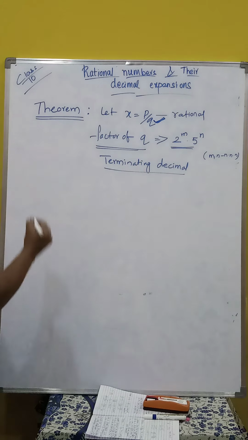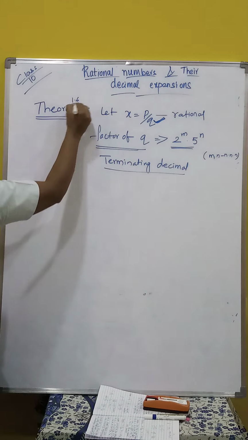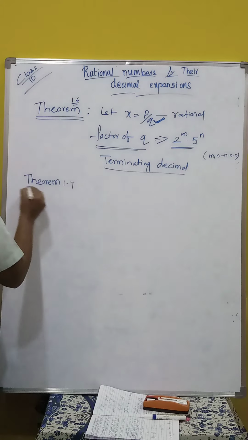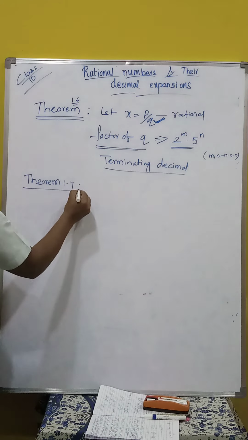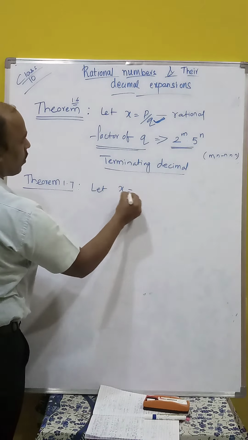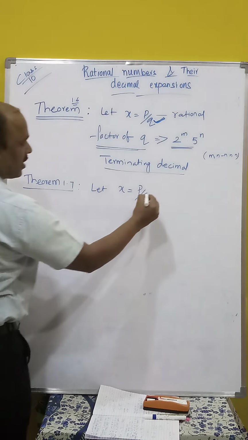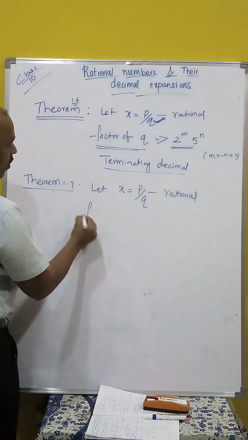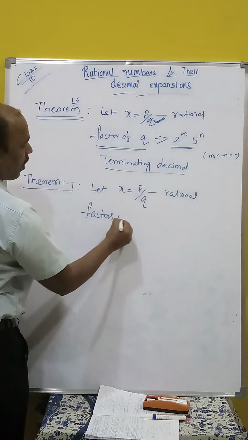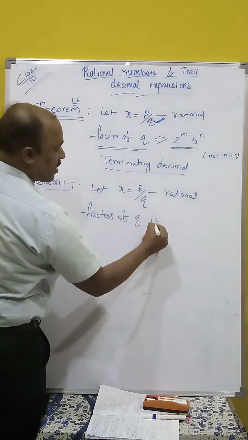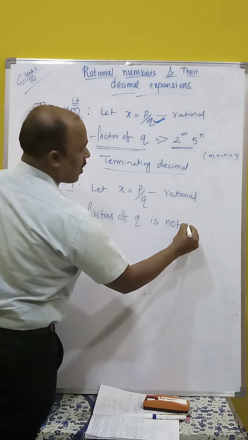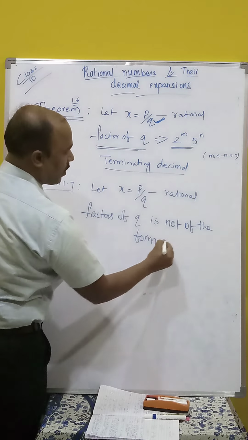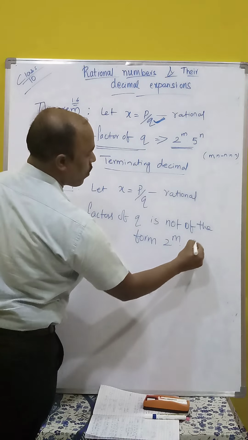Now we will go to the other theorem. This is theorem 1.6 and this one is theorem 1.7. Here also, let x equal p by q. This is rational, and the factors of q are not of the form 2 power m into 5 power n.